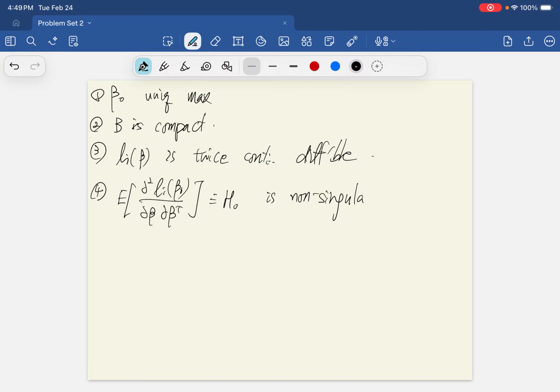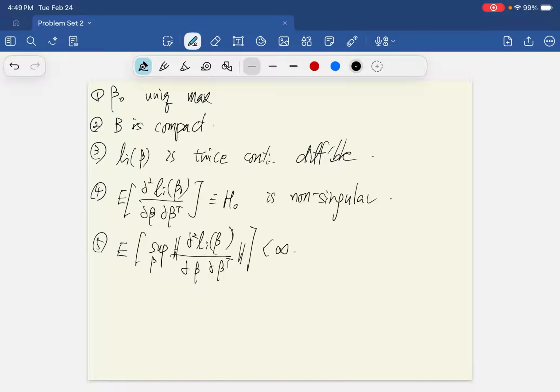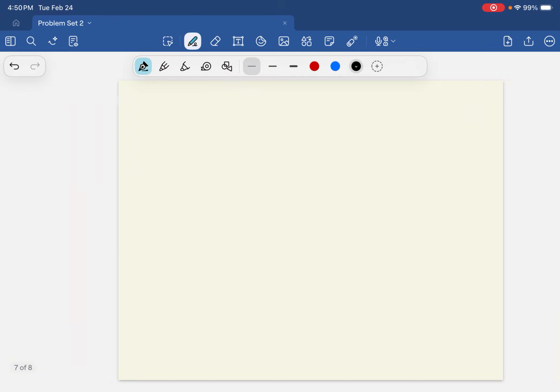And also, we need to dominate the second order derivative; it should be reasonably bounded. And finally, omega exists, right?